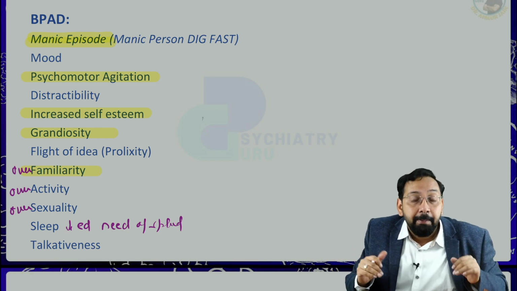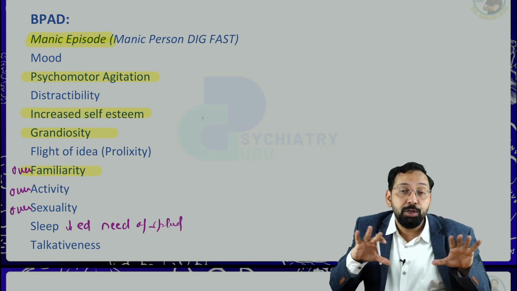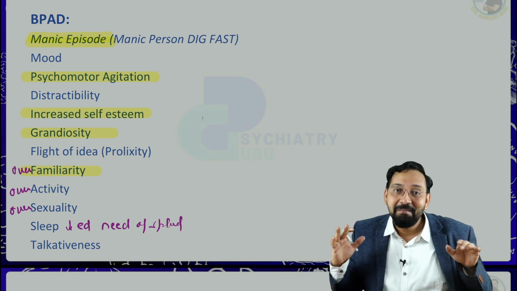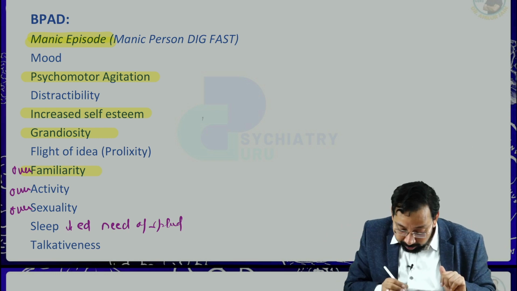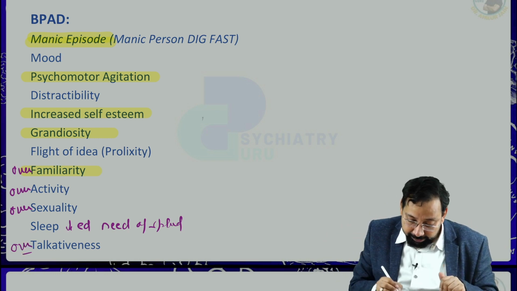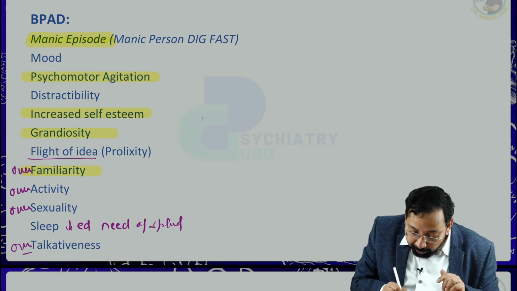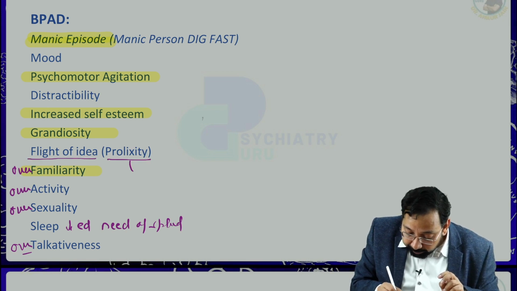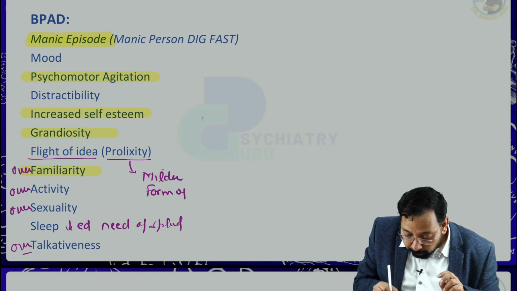But in mania, the patient is not sleeping the whole night but is energetic, meaning decreased need of sleep. Over talkativeness, they may have flight of ideas or prolixity. Prolixity is a milder form of flight of ideas, seen in hypomania.